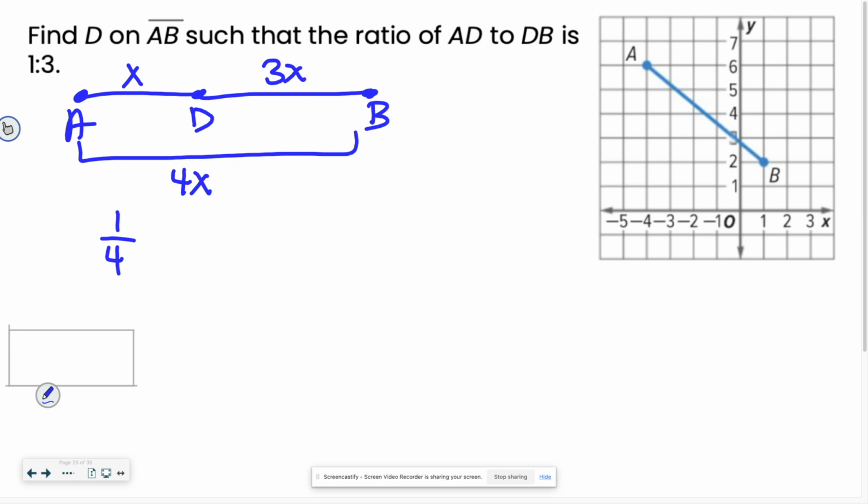Then you're a fourth of 5. So that's how far we're moving, right? We're going from A towards B, at negative 4 plus 1.25.